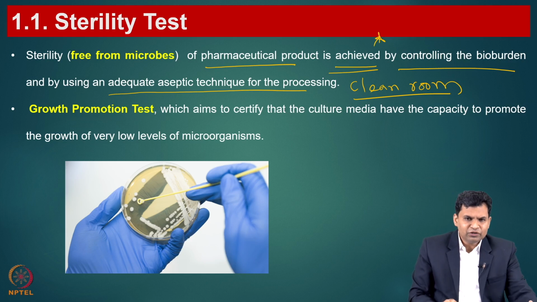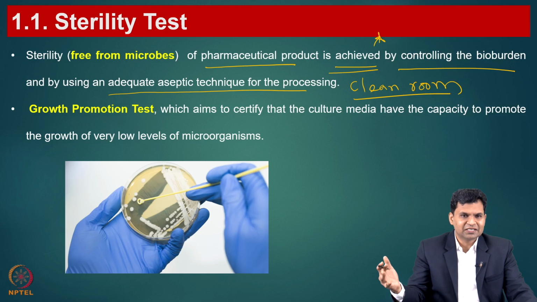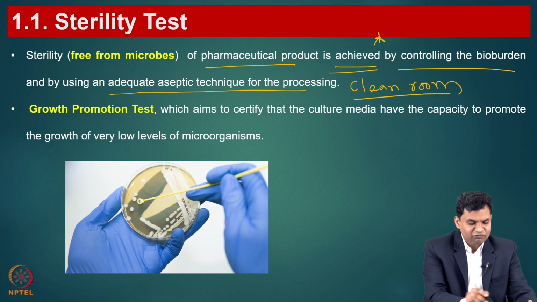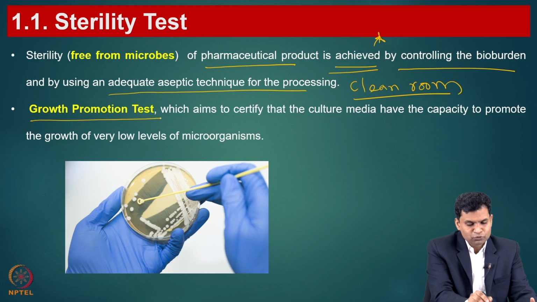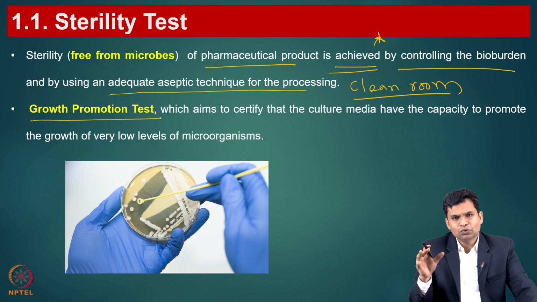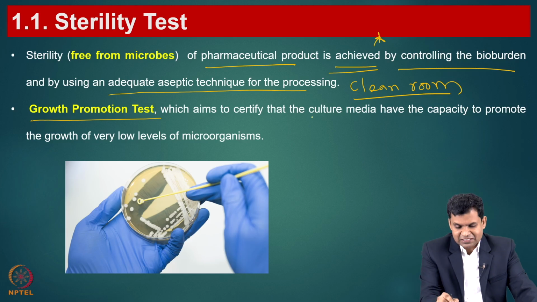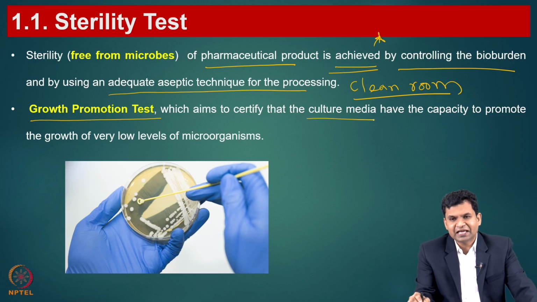This is a well known microbiological experiment. Here we perform the growth promotion test. We will see the growth of microorganisms by providing various cell culture mediums, which help the growth of the microorganisms.